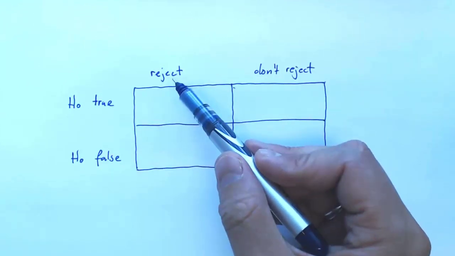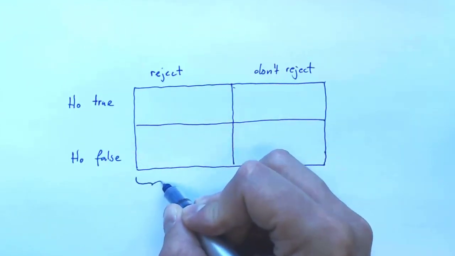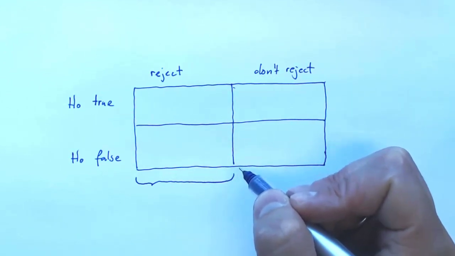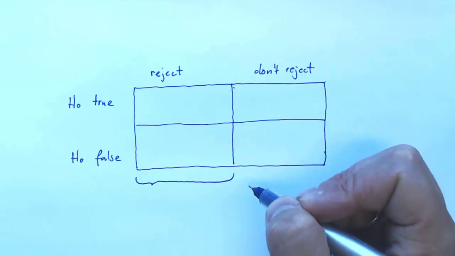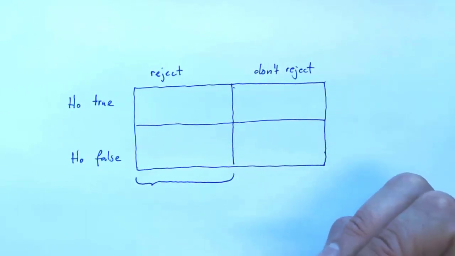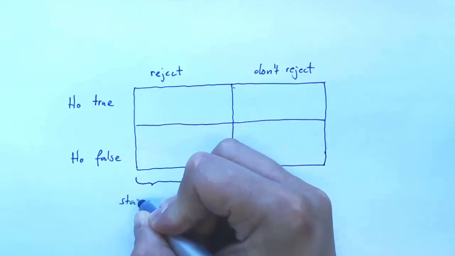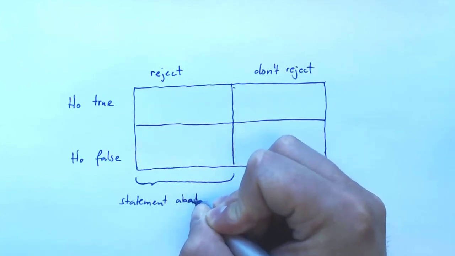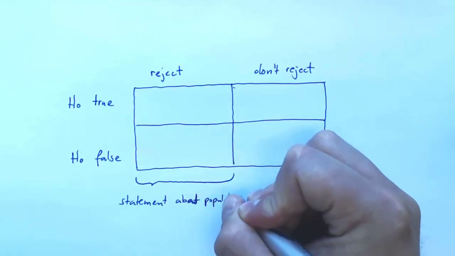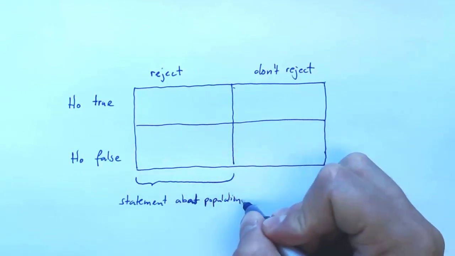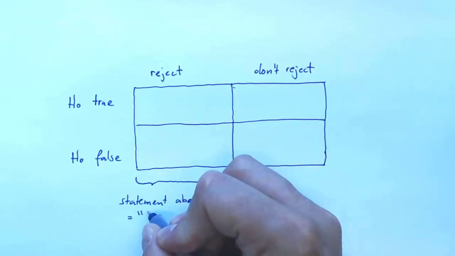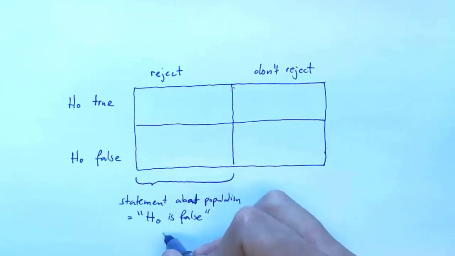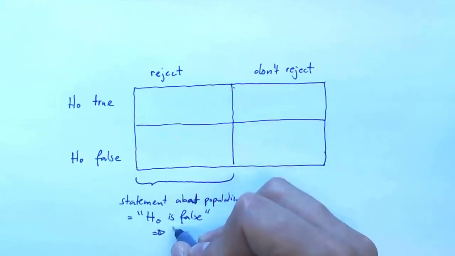So if we reject, then we will learn that H0 is false, right? So then we will learn something about the population, and we will be in a position where we can make a statement about the population, and the statement will be H0 is false, or equivalently H1 is true.